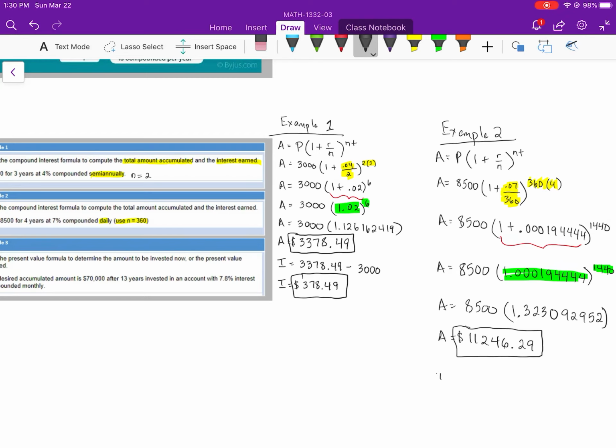All right, now, of course, they ask us how much interest is earned. So I equals, we need to take that accumulated amount, $11,246.29, and we're going to subtract the principal of 8,500. And that's going to tell me how much interest accrued over these 4 years.